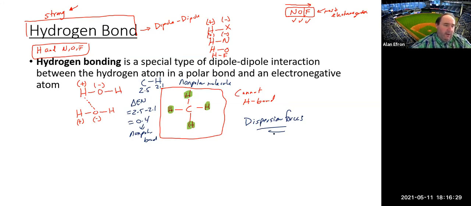It would do really well with other nonpolar molecules that would also be using dispersion forces. This guy would do really badly with water because it has no long range way to interact well with, say, water or something like that. Question on that.